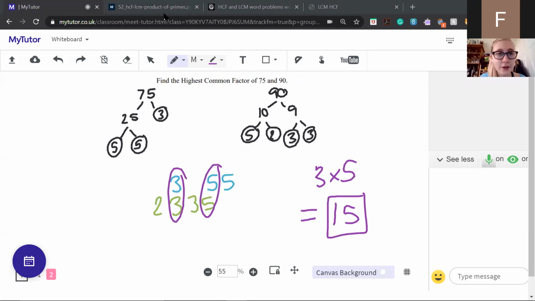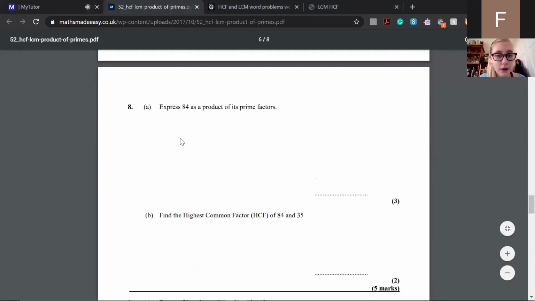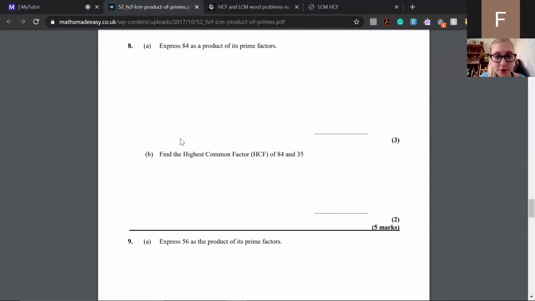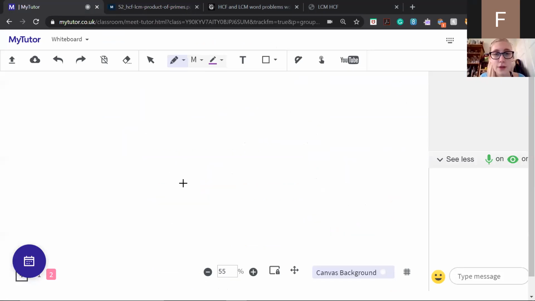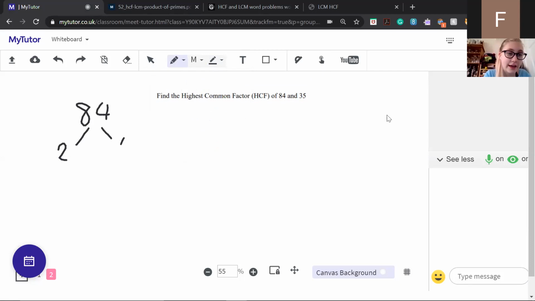Okay, let's have a look at another. Let's have a look at this one, 84 and 35. This one will be interesting. So let's start off, break down 84. Let's see what goes into 84. 2 and 42.